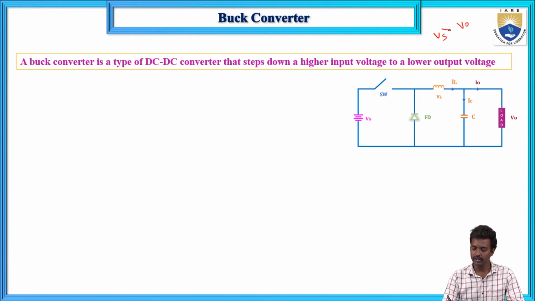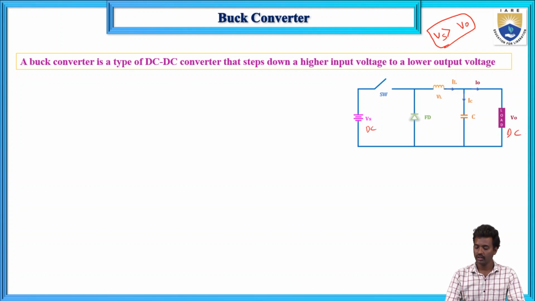The condition is that the supply voltage is always greater than the output voltage. So it steps down the voltage; this is a DC to DC converter.